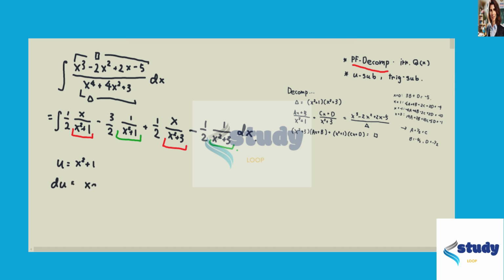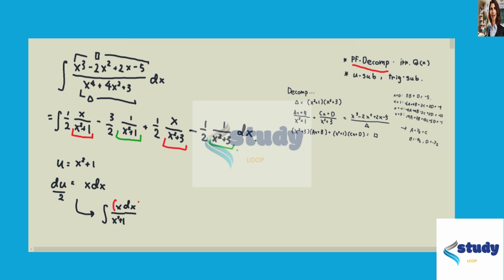So x dx is du over 2. Okay, now if I substitute that in, the integration of x over x squared plus 1, I'm going to write the dx on the top just to make it look a little bit easier to follow.